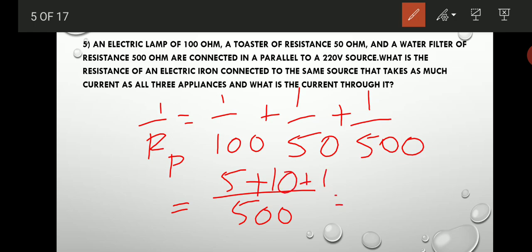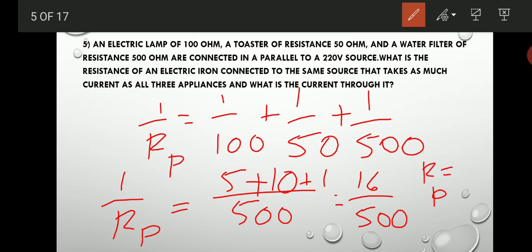So it is total 16 upon 500. This is 1 by Rp. Now Rp becomes 500 over 16.